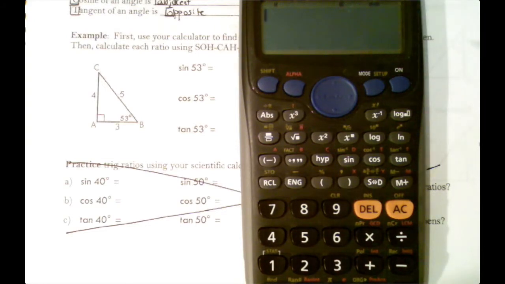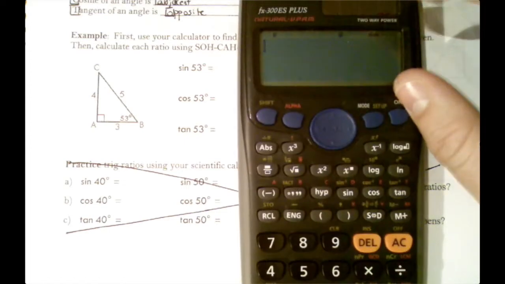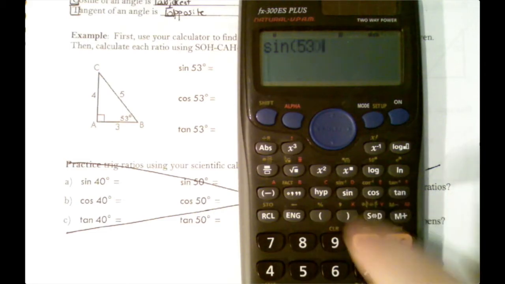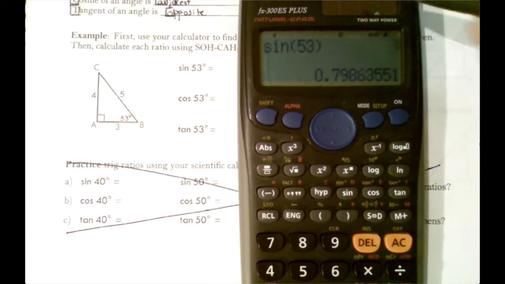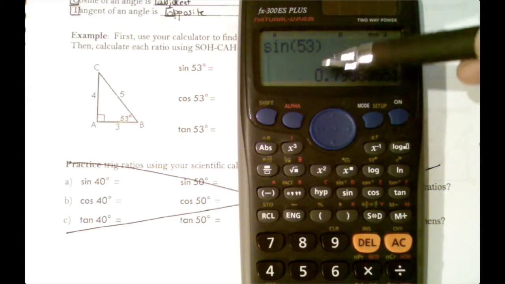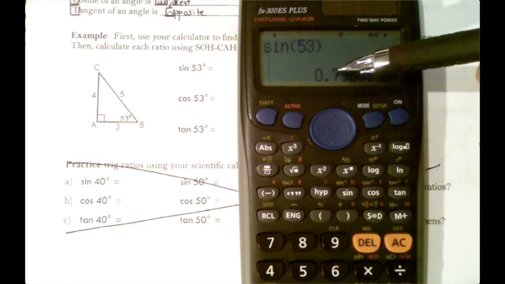If it doesn't, reset your calculator and it will put it in D or DEG mode. Now we're going to press sine and then we're going to type 53. Hit equals and we get 0.798, which I'm going to round to one decimal place, 0.8.